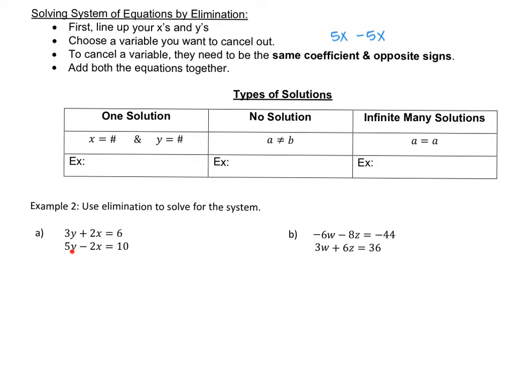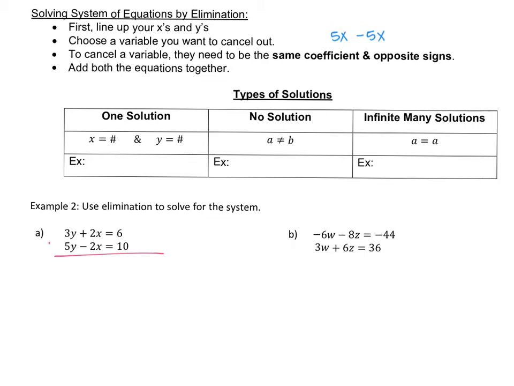You can choose the x's to cancel or the y's. But when you're deciding which variable to cancel, choose the one that's easiest to cancel. I noticed the x's already have opposite signs and the same coefficient, and that's what's needed to cancel a variable, so I'm going to choose the x's to cancel.